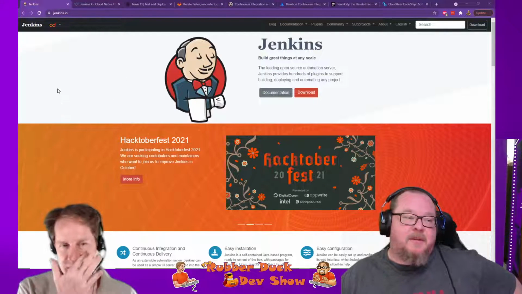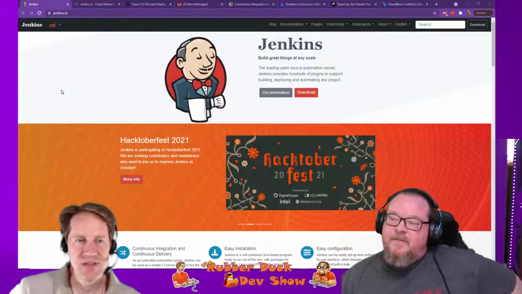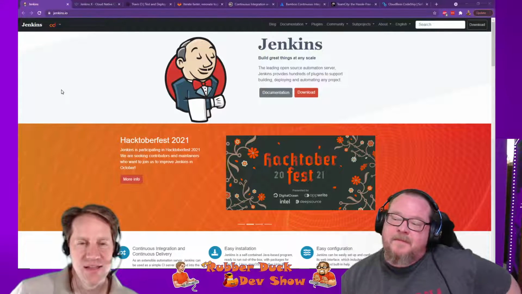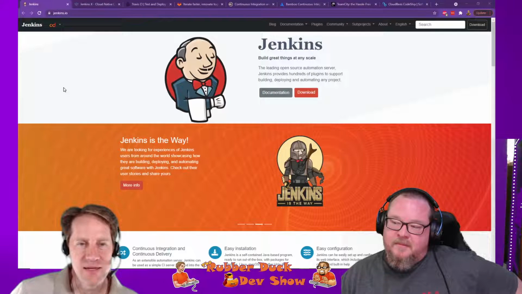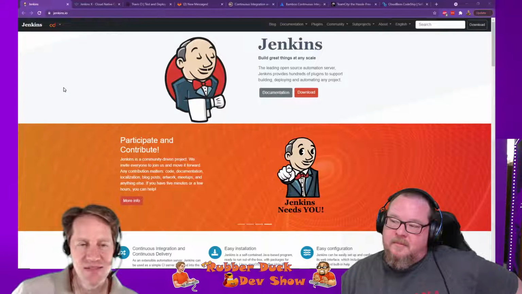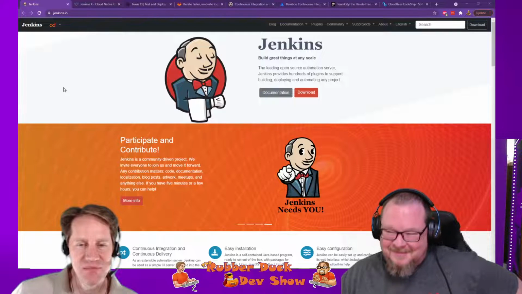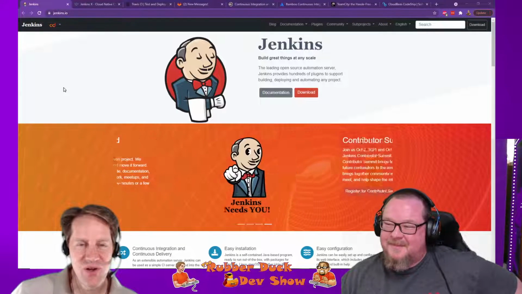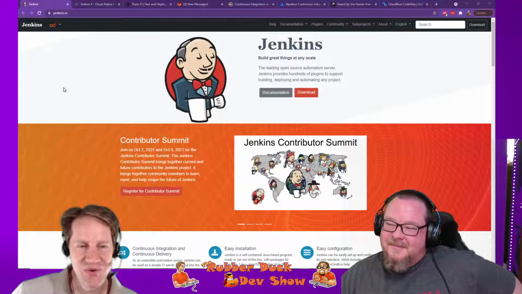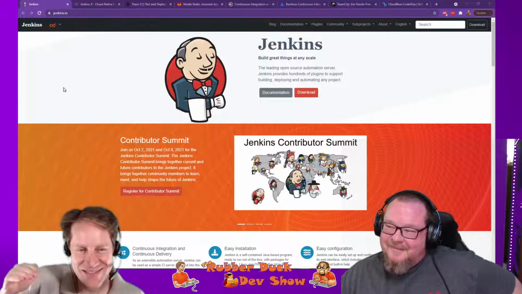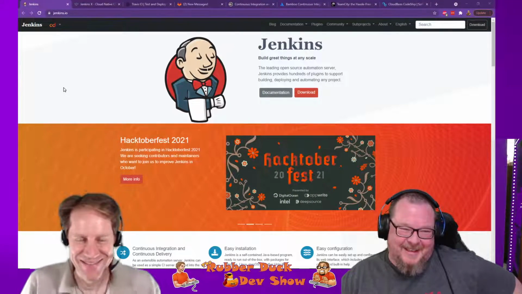Yeah, I mean, I've never used Jenkins, but when I was looking at some of the links beforehand, I saw that, okay, open source, that usually means the barrier to entry is going to be a little bit higher. Right. And number 2, oh, it uses Java. Okay, joy. The barrier just went up just a little bit more. Right.